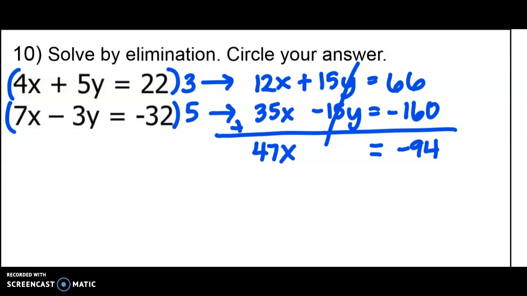And now I can just solve for x. I got rid of one of the variables. So if I divide both sides by 47, x equals negative 94 divided by 47, which happens to be negative 2.